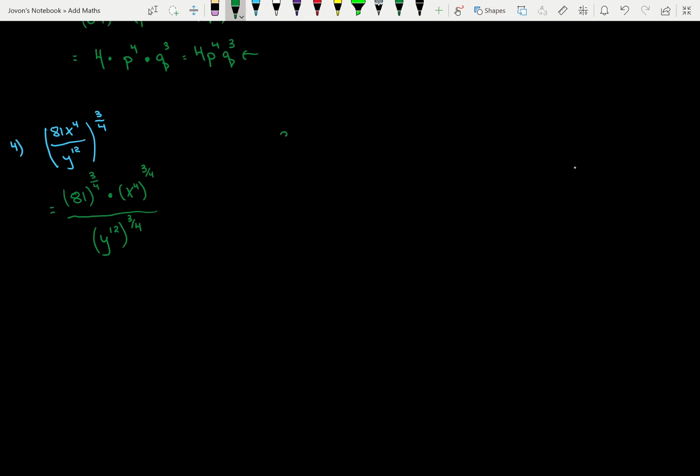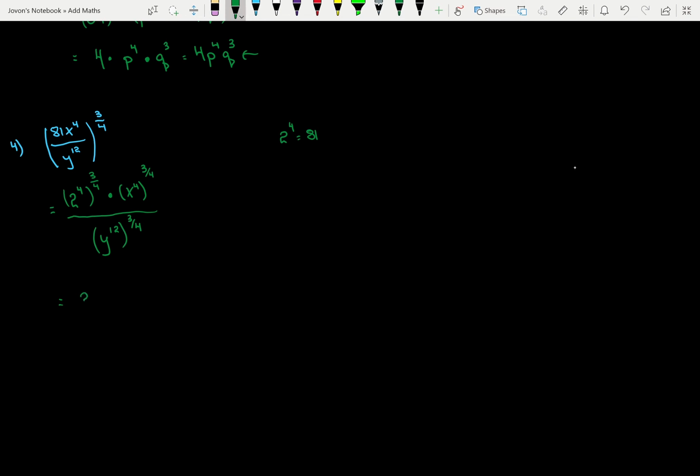Now what is 81? 81 is actually 3 to the power of 4. So I'm going to replace this 81 by 3 to the power of 4. Now using the power rule, we multiply the power inside the bracket with the power outside the bracket.